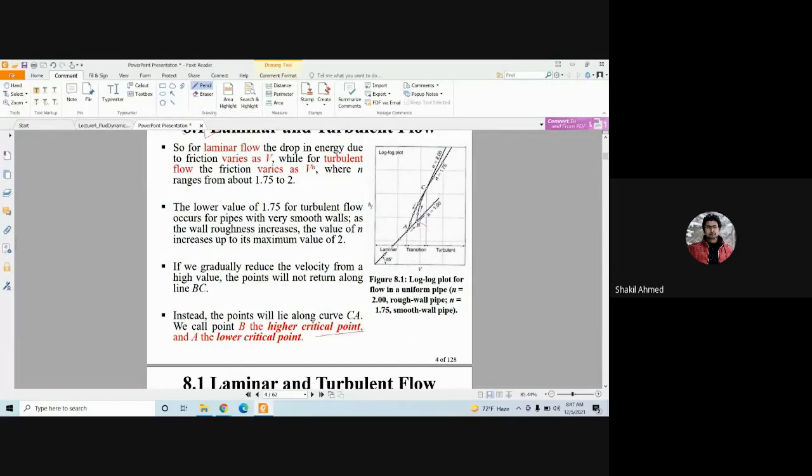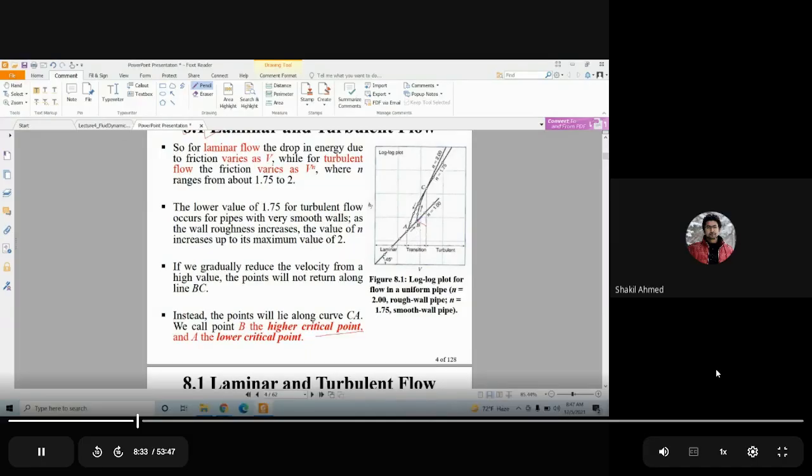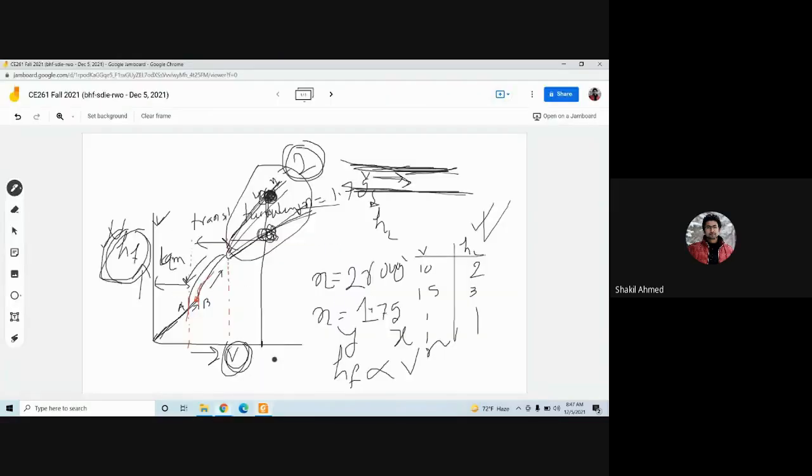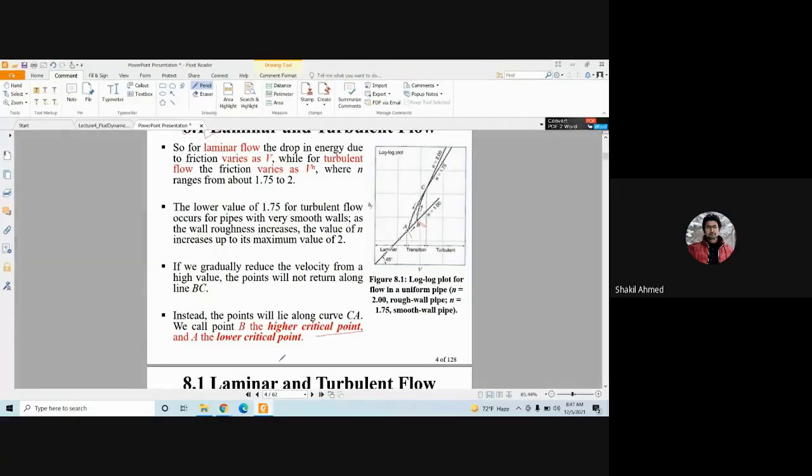Because here the curve starts changing its characteristics. B is the higher critical point, and A is the lower critical point.